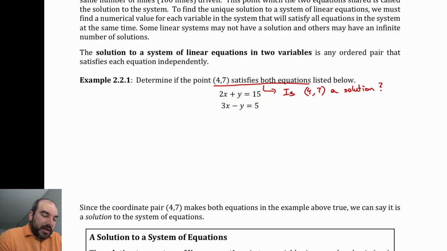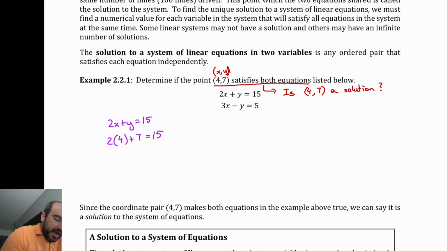The easiest way to do that is just to plug in the x and the y variables and see if the equation is true for those specific values. So we plug in 4 and 7 for x and y. In the first equation, 2x plus y equals 15, we plug in 2 times 4 plus 7 and see if it actually equals 15.